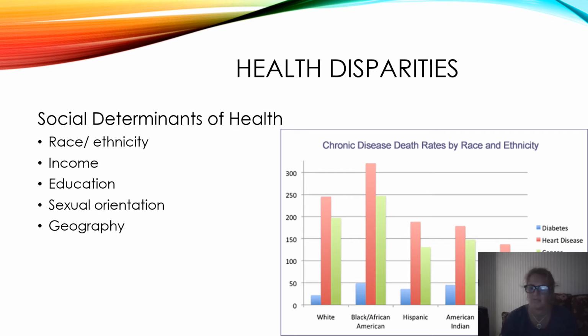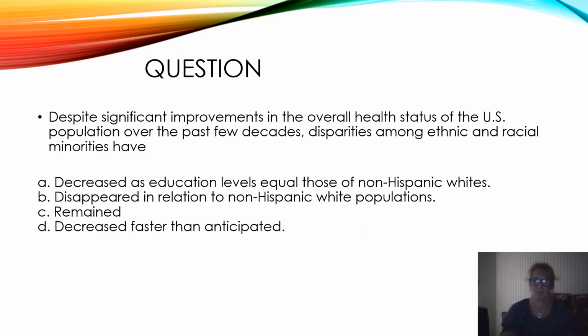They don't have the resources and the voice to fight that being there. So now you're subject to more pollution, less health care, and as a result, your health disparities rise exponentially. Again, another question. I'm going by the answer fast.